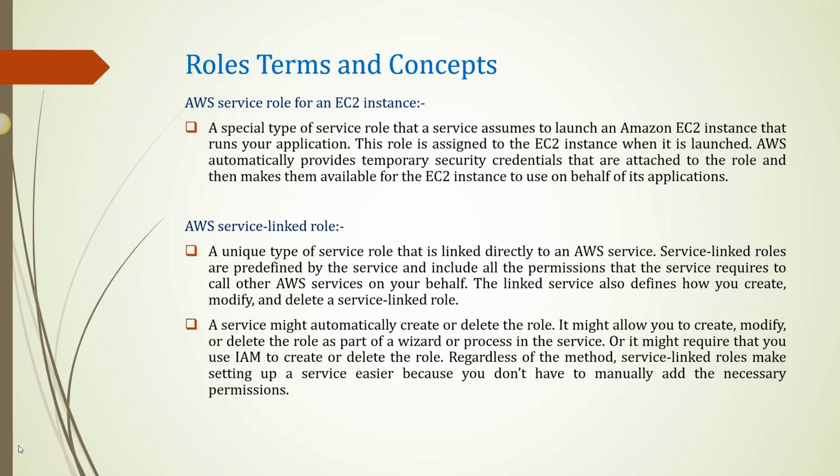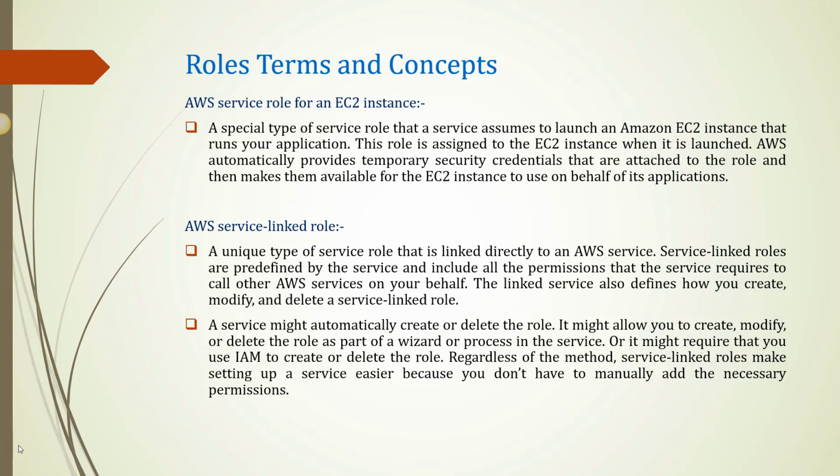Now let's talk about AWS service linked role. A unique type of service role that is linked directly to the AWS service. Service linked roles are predefined by the service and include all the permissions that the service requires to call other AWS services on your behalf. The linked service also defines how to create, modify, and delete a service linked role.